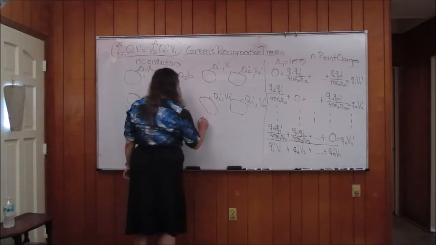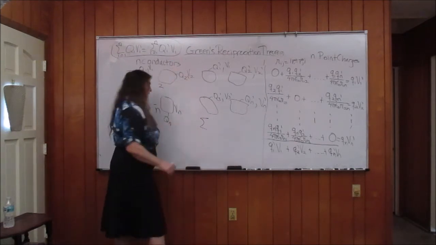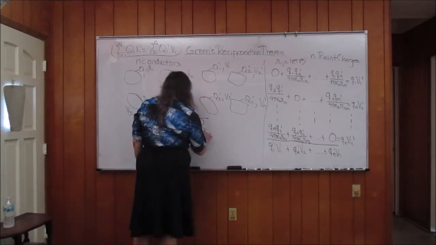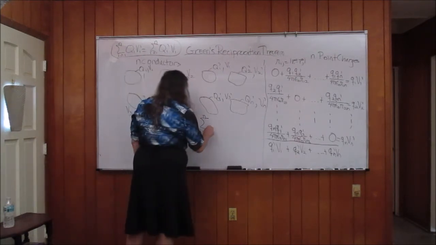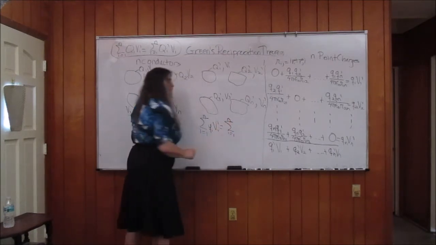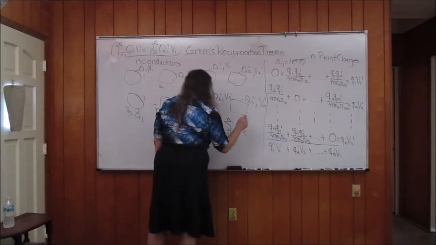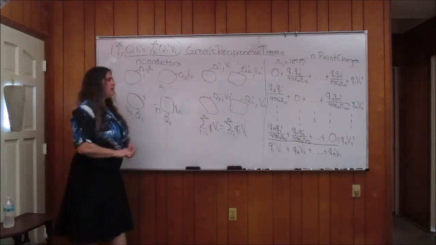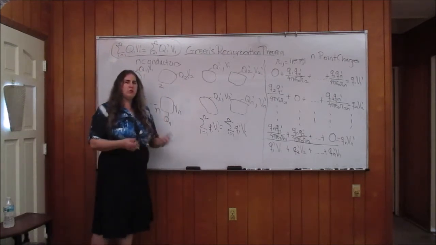So therefore, if I add all the terms on the bottom, all the terms on the far right hand side, what I'll see is that if I take the summation i equals 1 to n of Qi times Vi prime, that is the same thing as summing i equals 1 to n of Qi prime times V sub i.